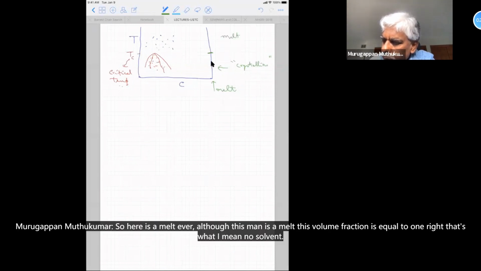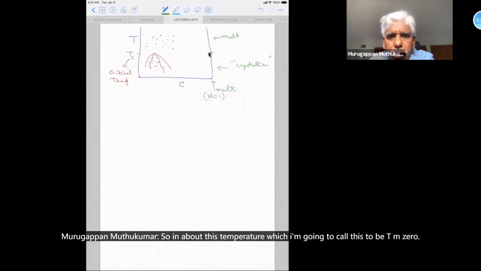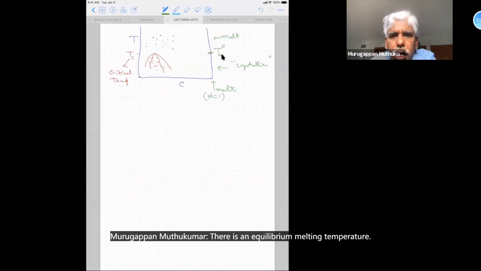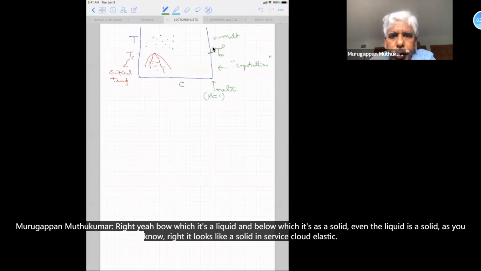So here is a melt, and when I say melt, the volume fraction is equal to 1, that's what I mean, no solvent. So above this temperature, which I'm going to call Tm0, the equilibrium melting temperature, it's a liquid, and below which it's a solid.